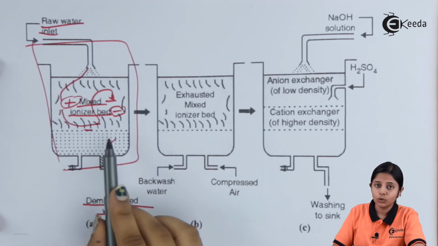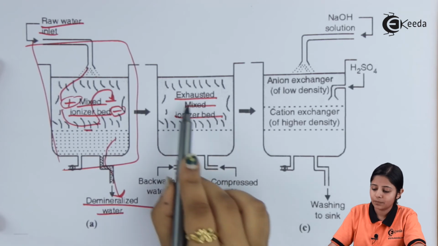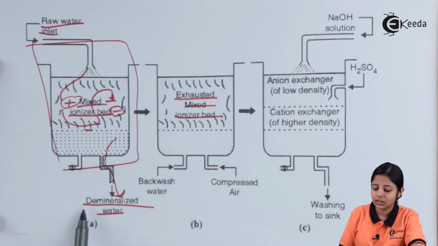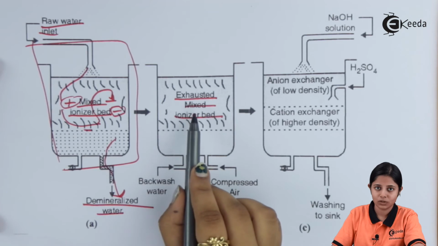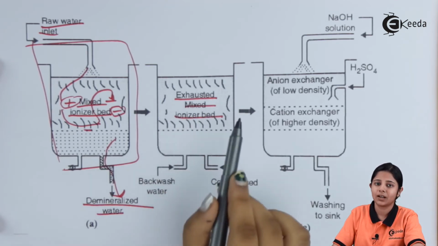Because of this, what happens is exhausted mixed ionizer beds. That means after this entire process, the water which I get is demineralized water or the water without any impurities. But the problem is the beds get exhausted. The beds are nothing but the resins, the cationic resin and the anionic resin.